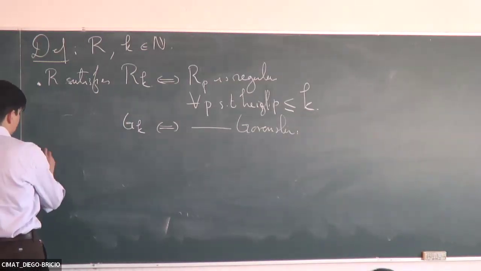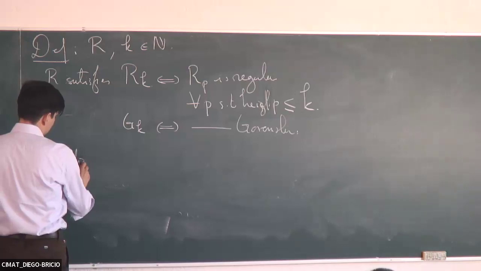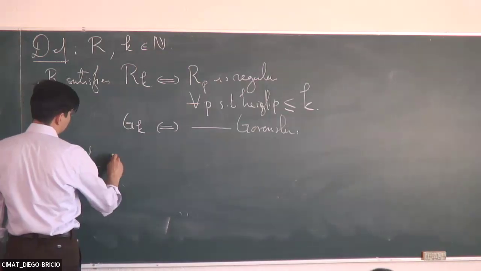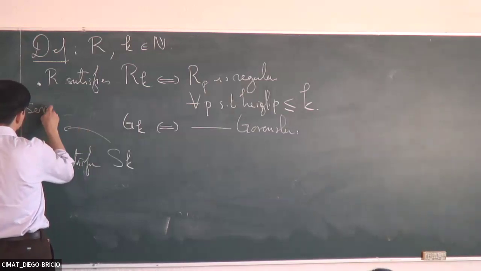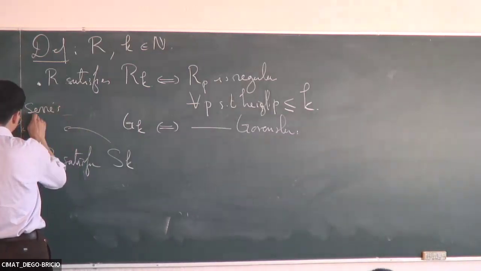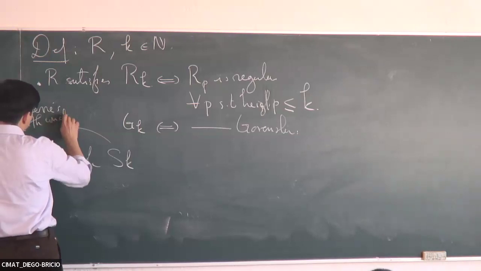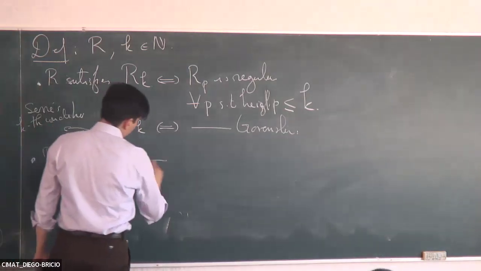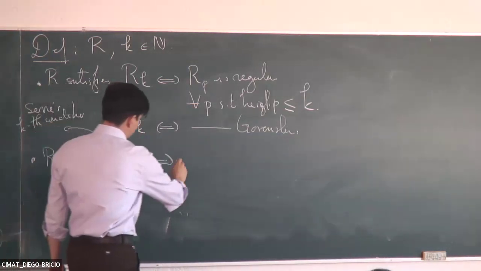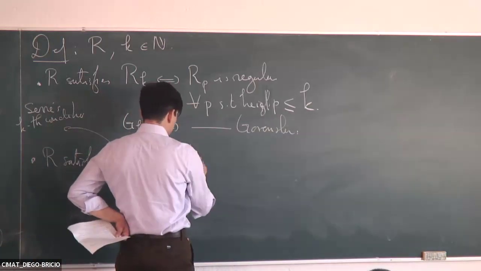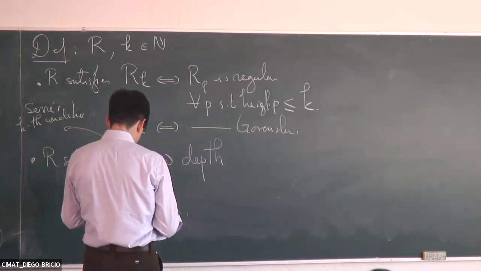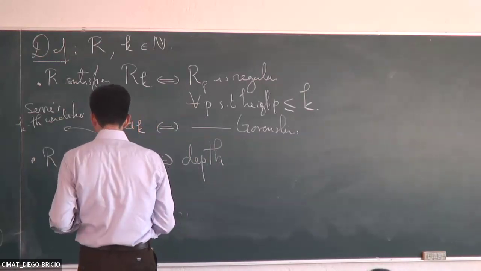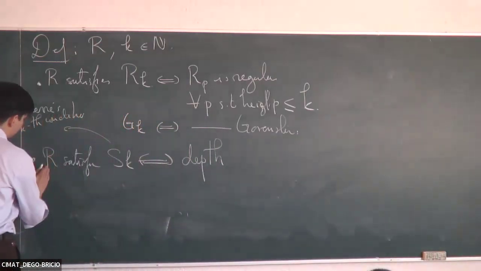And we say that R satisfies the condition Sk. This is the so-called Serre's K condition. If and only if, when you look at the depth, actually this can be done for any module.